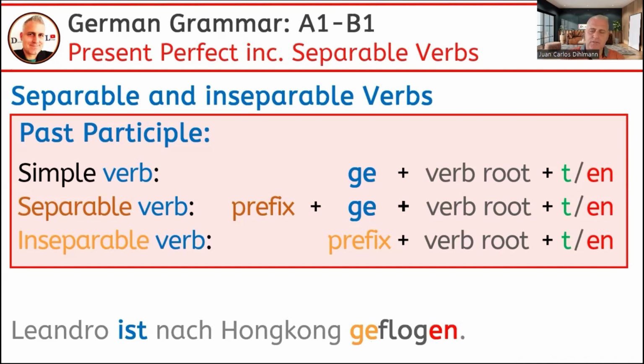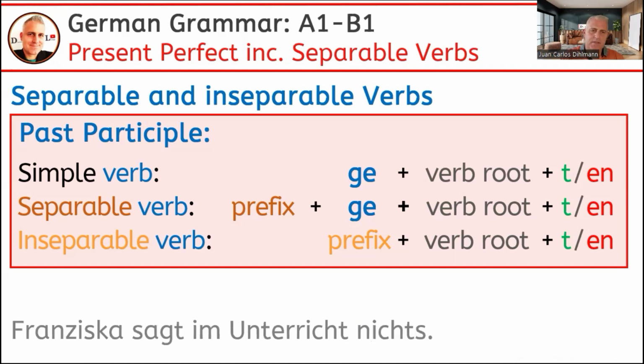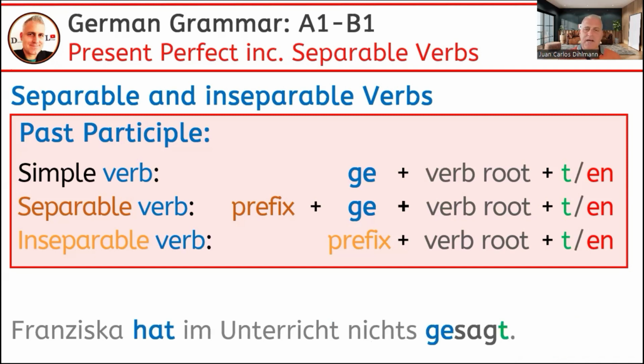It's a verb of motion. That's why we have sein as an auxiliary. Next sentence. Franziska sagt im Unterricht nichts. What's correct? Franziska hat im Unterricht nichts gesagt. It's just a regular simple verb.